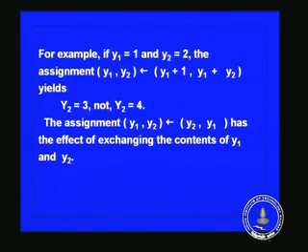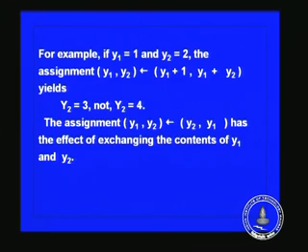For example, if y1 is 1 and y2 is 2, the assignment y1, y2 is y1 plus 1, y2 plus y2 will yield. First one, y1 will be increased by 1 value. So, the new value of y1 will be 2. Okay, let me explain with an example.